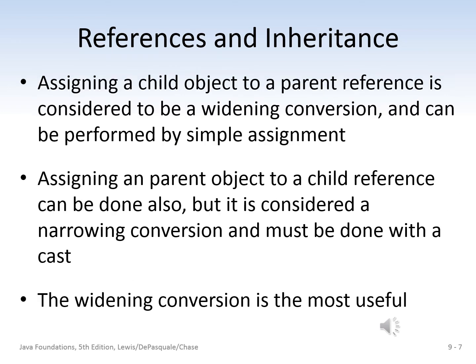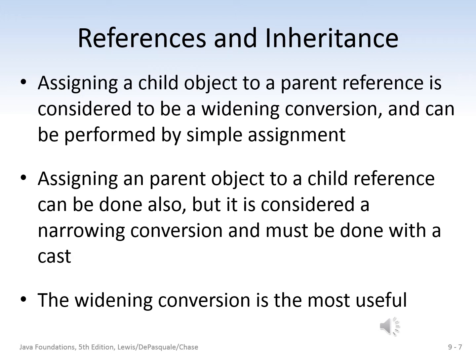Just a quick review of the terms widening and narrowing conversion. In the prerequisite class and in the beginning of this class as a review, you can cast an integer variable to a float or a double. That's widening, and no data will be lost. You have to be careful in casting a float or a double to an integer because that is a narrowing conversion.